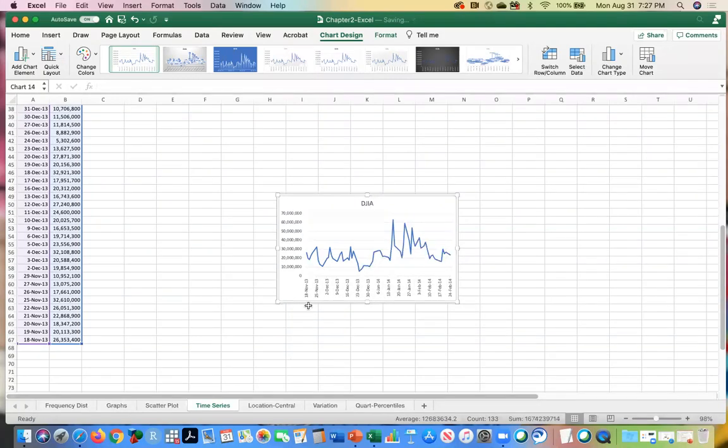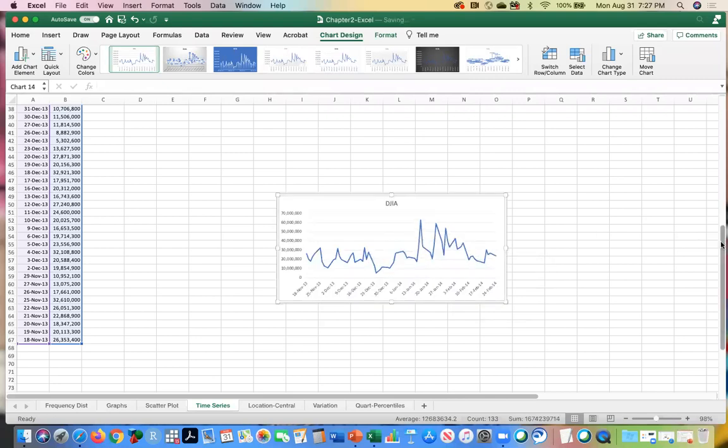Excel saw these values and said, oh, that one is the last one. Why are you putting this in at the end? So it's giving me an ordered data set of my information over time. So those are the values of the Dow Jones between 18th of November of 2013 and February 24, 2014.